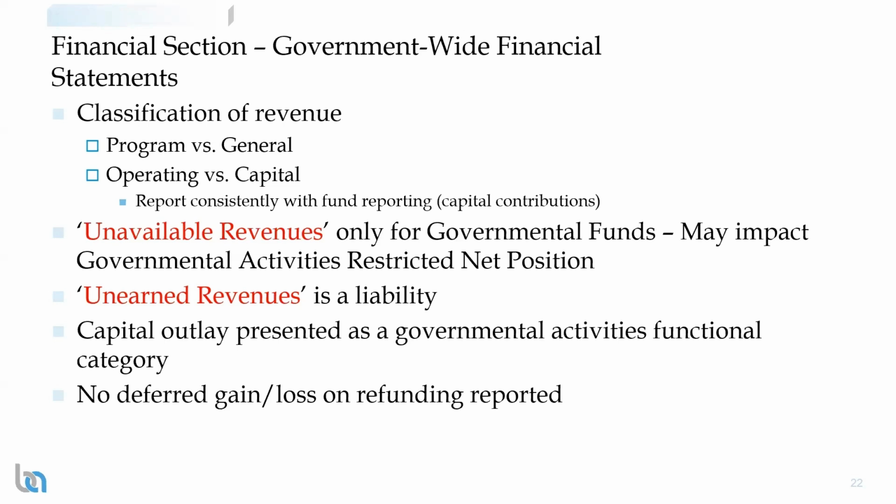Essentially, the refunding debt is just supposed to replace the refunded debt, and with that would come an accounting difference. This accounting difference is going to be presented as a deferred gain or loss on refunding, and this gets amortized over time. So if you have a refunding but no deferred gain or loss on refunding, that's when they would normally identify that there's an issue.